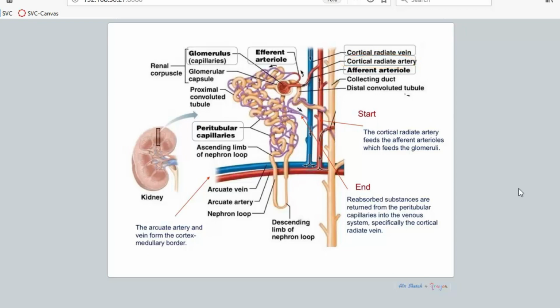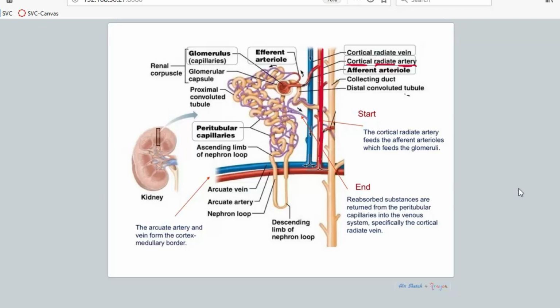And what they're doing is, first of all, they're called cortical because they're up here in the renal cortex. They're called radiate because they're radiating straight up through the renal cortex. And then they're an artery. So you have the cortical radiate arteries, and then you have little branches off of that.